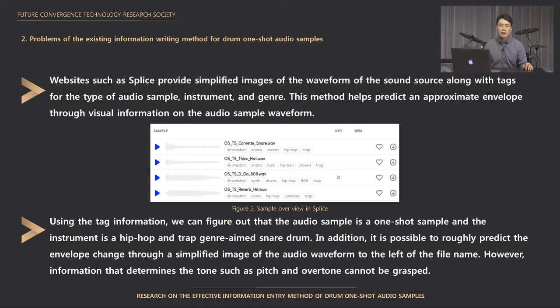In addition, it is possible to roughly predict the envelope change through a simplified image of the audio sample waveform to the left of the file name. However, information that determines the tone such as pitch and overtone cannot be grasped.